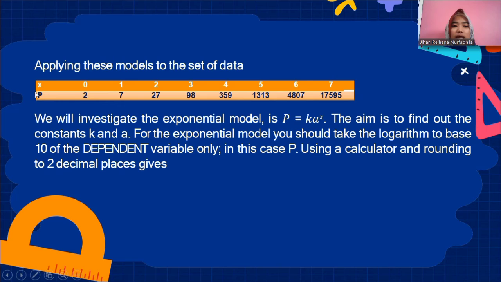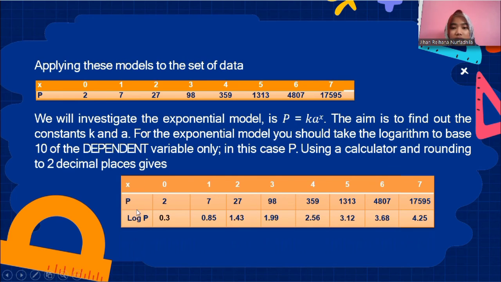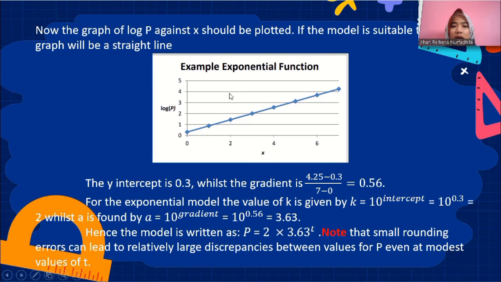We calculate log P using a calculator, and here is the result of log P. This is the graph of log P against x that has been plotted, and the graph will be a straight line like this.